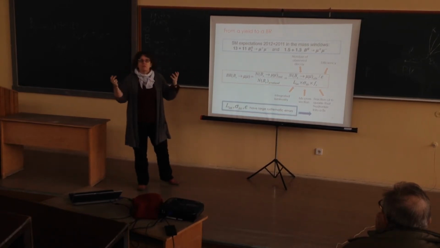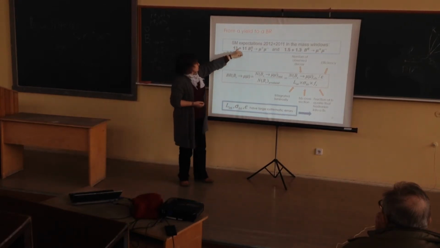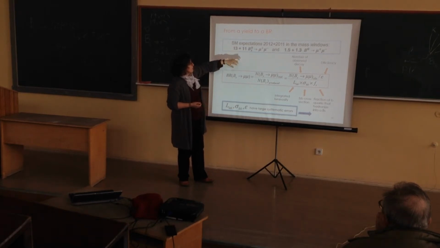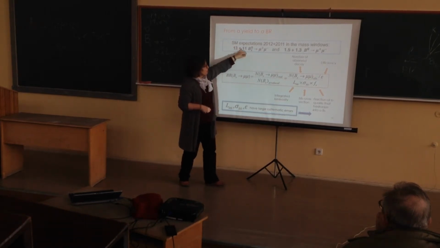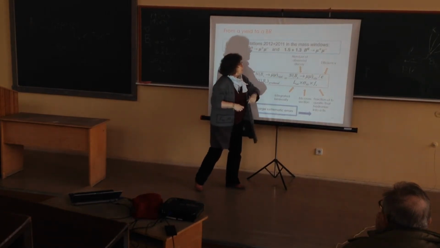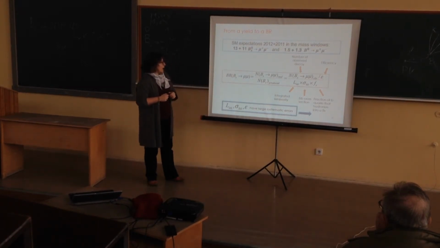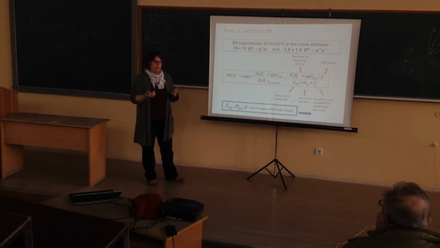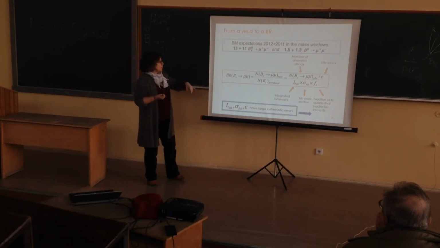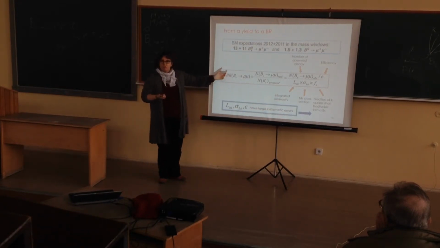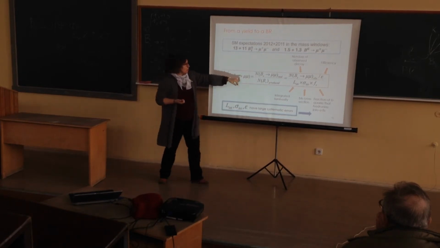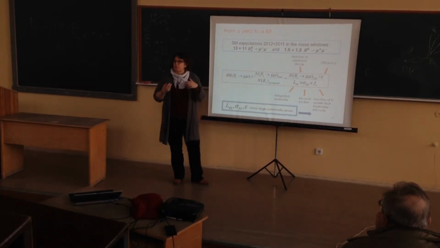And assuming you have standard model only, it tells you that you have about 11 events from B_s and about this from B_d. And then, from the number of events, you need to compute a branching ratio. How do you compute a branching ratio? You have a number of events that you will fit.